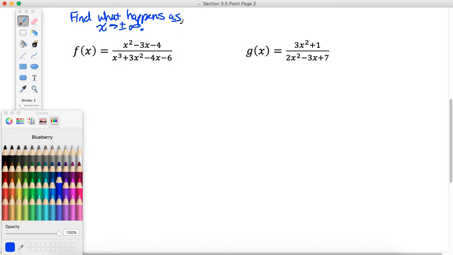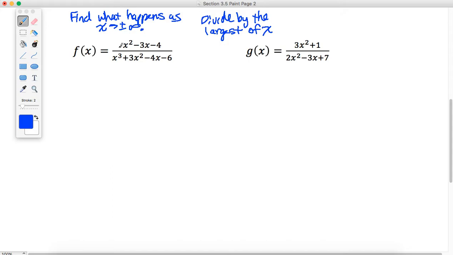One thing that helps is to divide by the largest power of x in your numerator and denominator. Okay, so if I look at the numerator and the denominator, in this example here, the largest power of x is 3, right? So I'm going to divide both the top and the bottom, the numerator and the denominator, by x cubed.